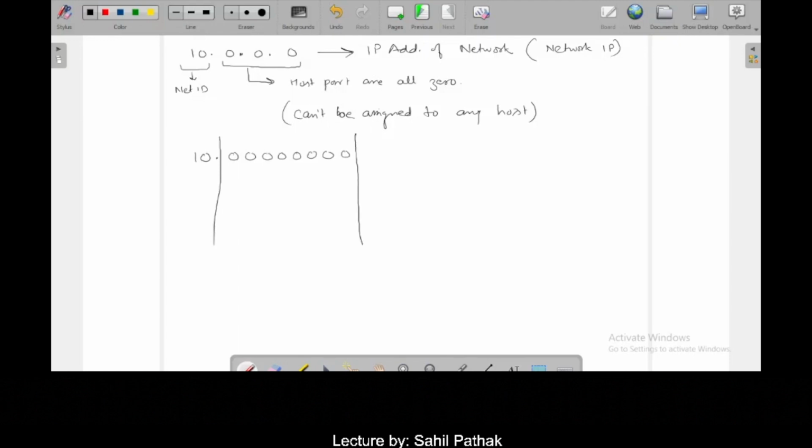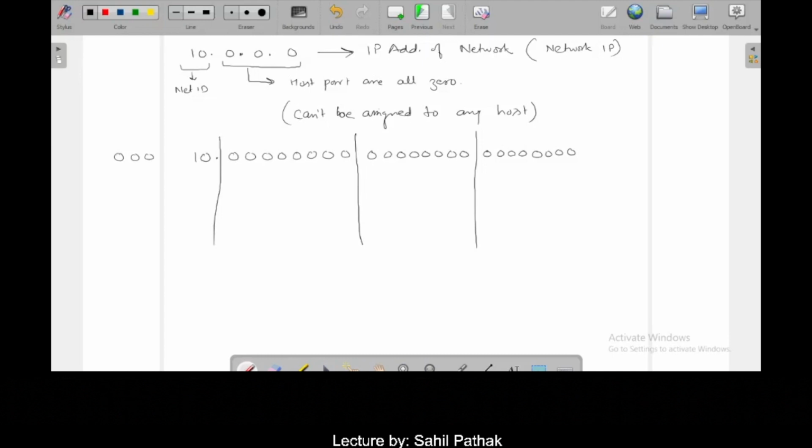This is the second octet, third octet, fourth octet. Okay, so this is how I have kept it. You can also write it in binary, and if you write it in binary, you can see it over here.